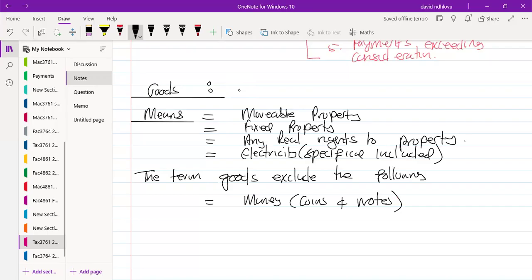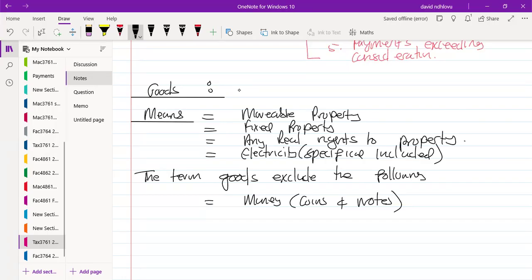The definition of goods specifically tells you to exclude money. So if you supply money to someone, maybe in the form of a loan or you're a financial institution, it is not a supply of goods, which means it will not attract VAT.